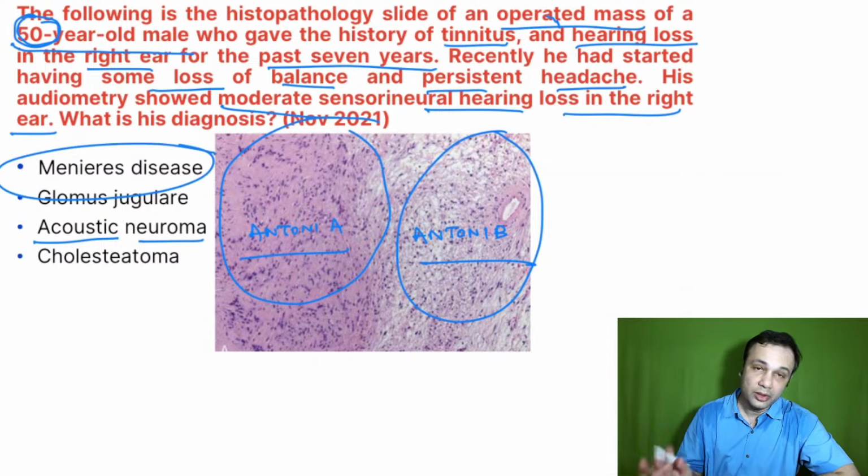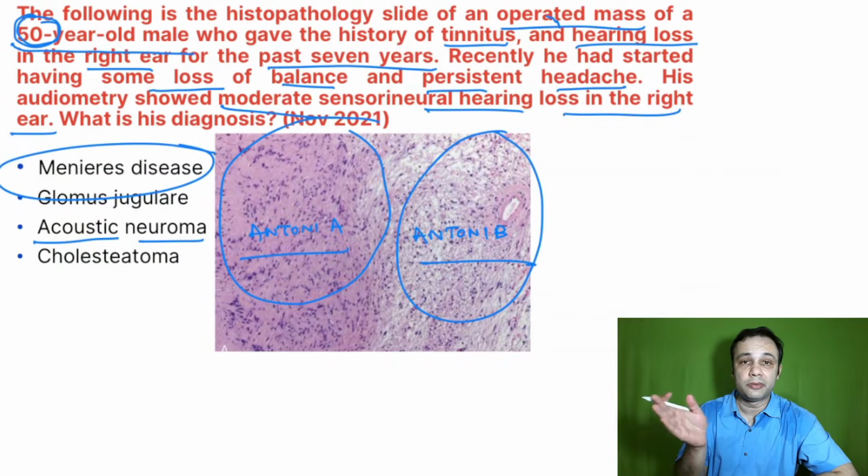When they say moderate sensory neural hearing loss, audiometry is not mentioned here, but you look at the clinical presentation itself, it is not episodic, right? It is a progressive illness which has been operated. So what would be the treatment, surgical treatment, if you were looking at Meniere's disease?